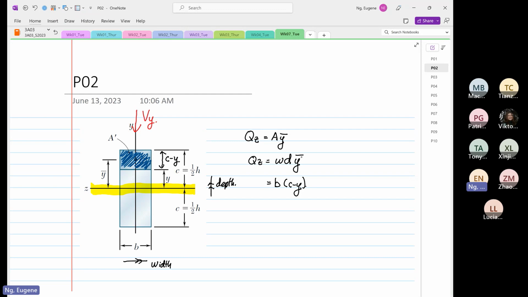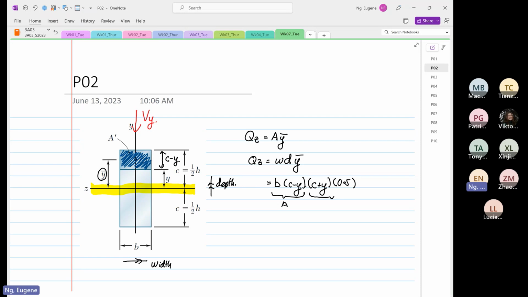Then you have Y bar. So this is the Y bar value over here, and Y bar value is C plus Y multiplied by half. Okay, C plus Y multiplied by 0.5. So this term over here is your area.